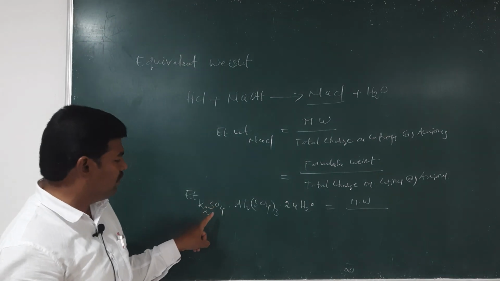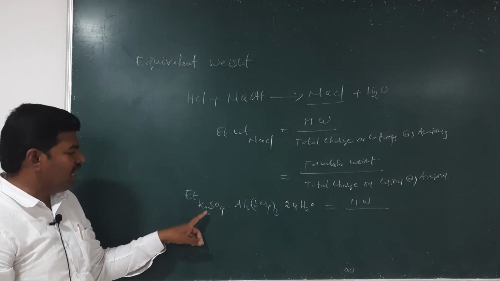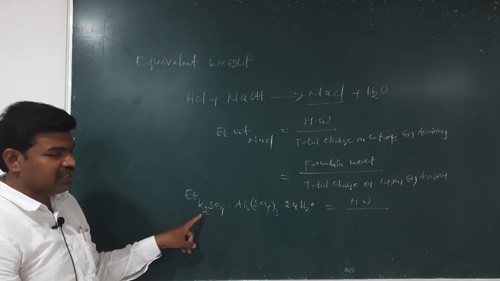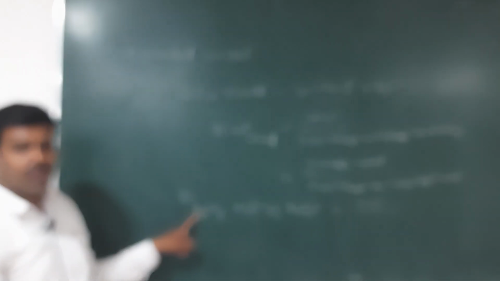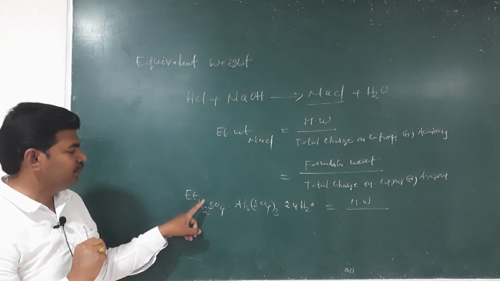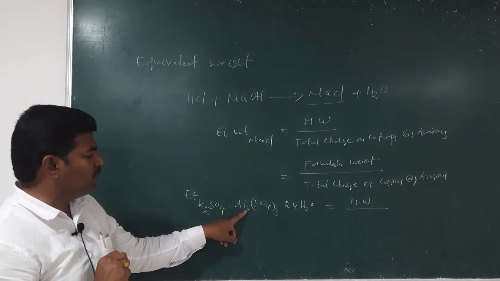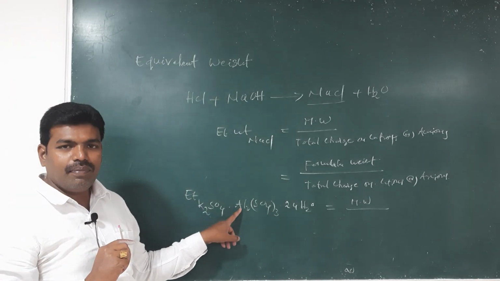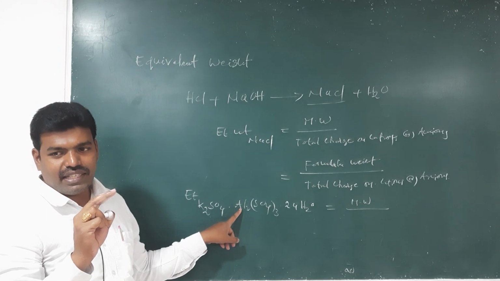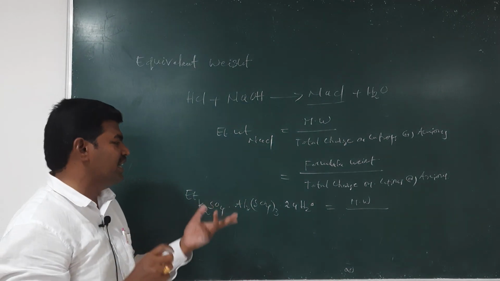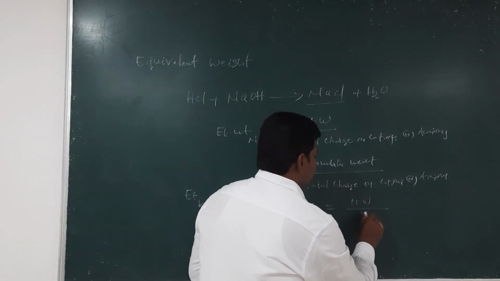For example, we calculate the charge on positive ions, cations. Potassium has a positive charge of plus 1, so 2 potassiums give plus 2, and each aluminum carries plus 3, so 2 times 3 is 6, 6 plus 2 is 8. So molecular weight by 8.